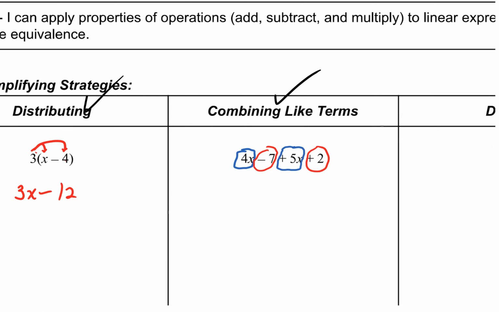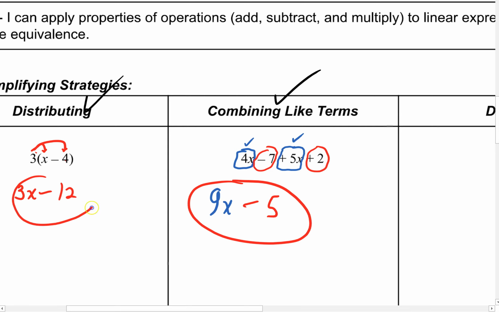So the 4x and the 5x, we always look out in front to see if a term is positive or negative. The 4x doesn't have a positive or a negative in front. It's assumed to be positive. So this is a 4x plus a 5x. That just becomes 9x. Then we're going to look at our minus 7 and a plus 2. Negative 7 plus 2 is going to be negative 5. So we could leave our answer simply as 9x minus 5.